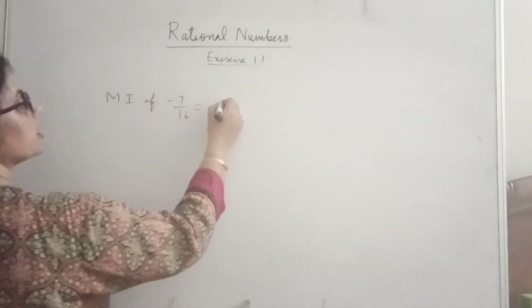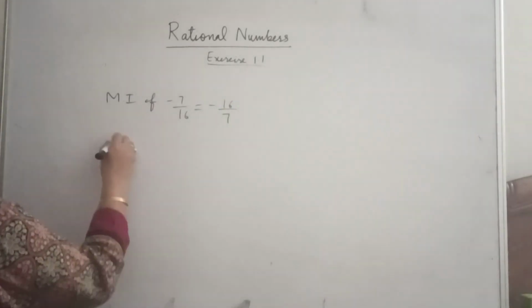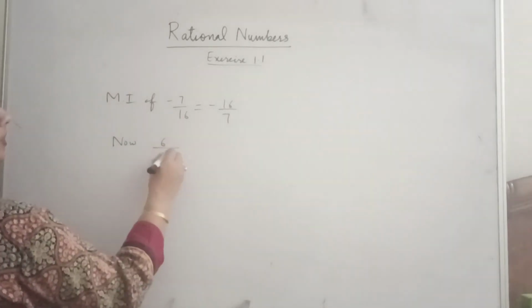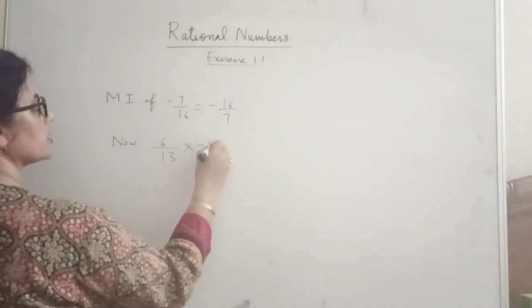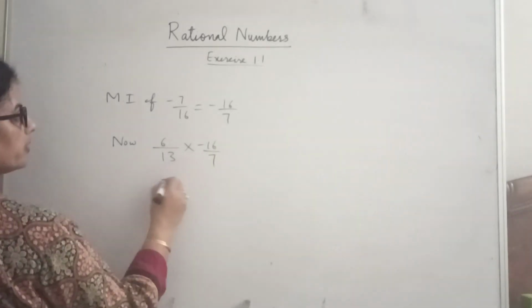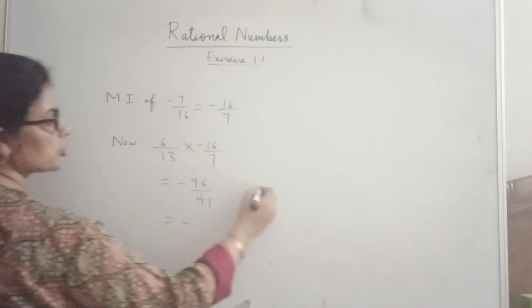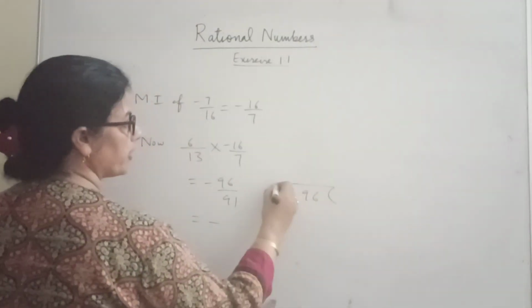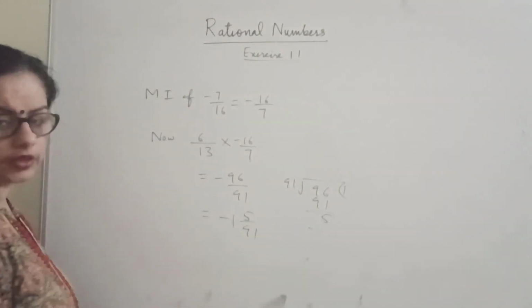Multiplicative inverse means reciprocal, but the sign will remain the same. And now we will multiply 6 by 13 by this number, that is minus 16 by 7. So what will come? Minus 96 by 91. You can change it to a mixed numeral. Divide 96 by 91. 91 ones are 91, so 1 and 5 by 91. This will be the answer.